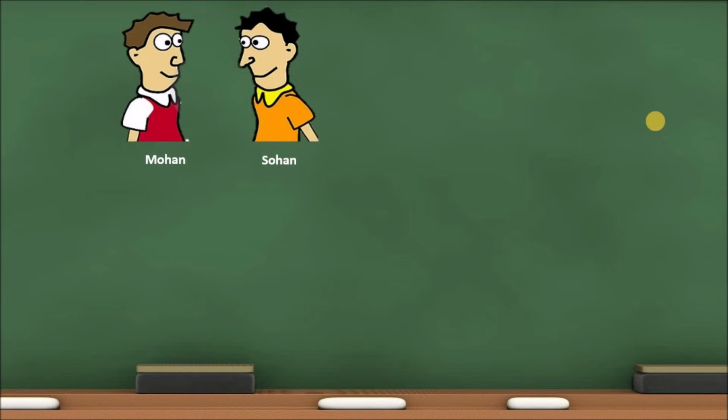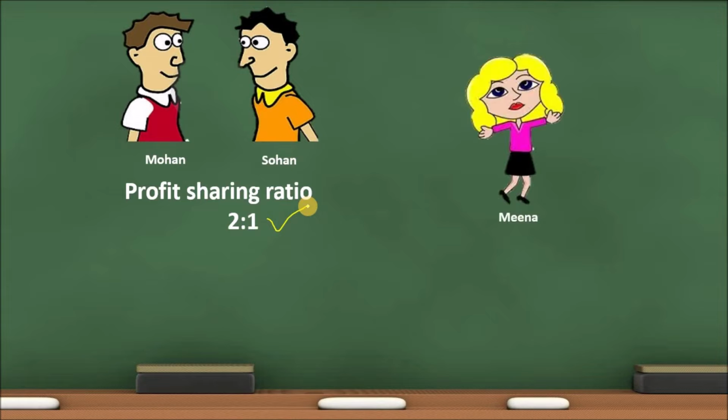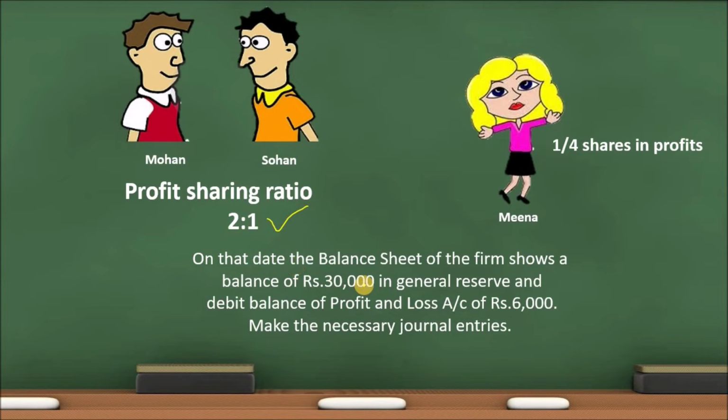Mohan and Sohan are two partners and their profit sharing ratio is 2:1. Meena is admitted as new partner for 1/4 share in profit. On that date, balance sheet of the firm shows a balance of rupees 30,000 in general reserve and debit balance of P&L account of rupees 6,000.